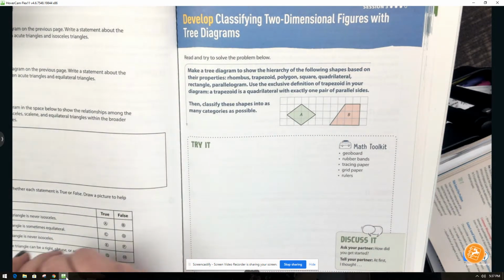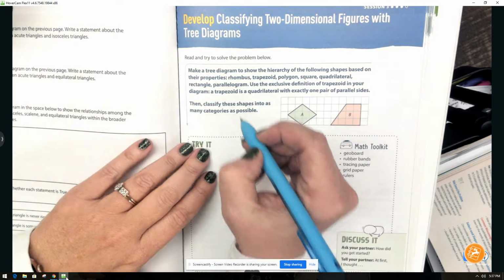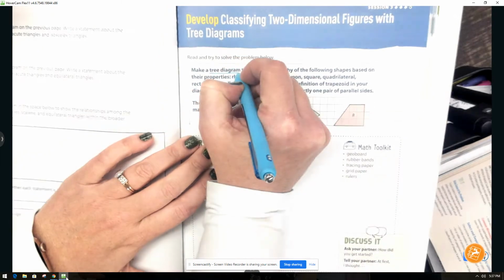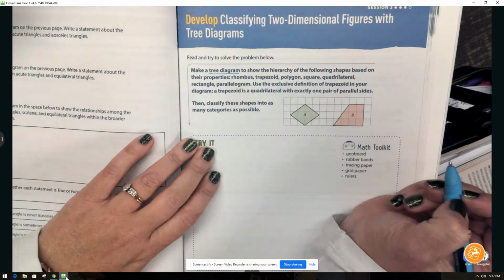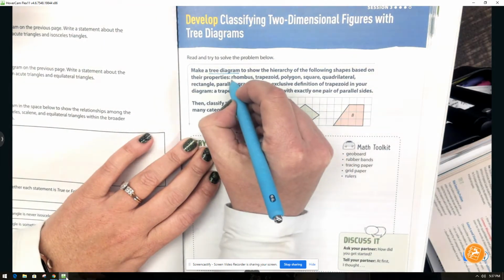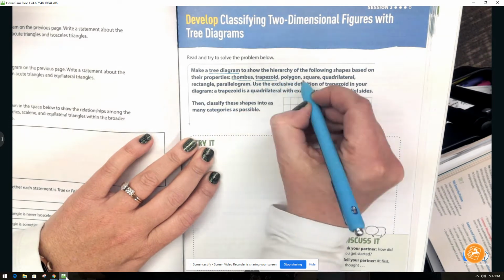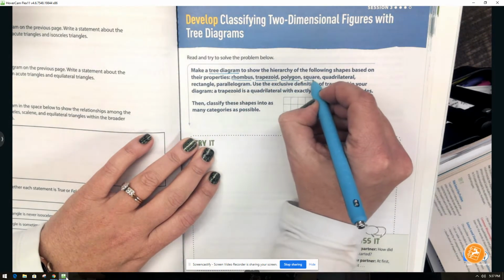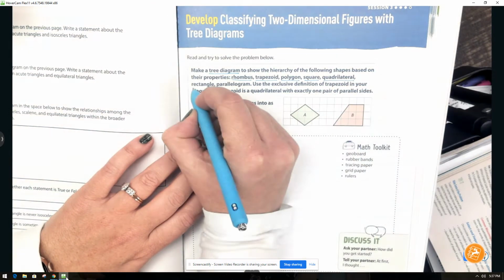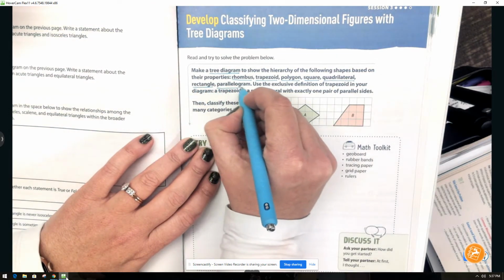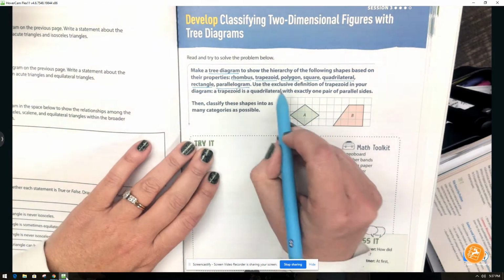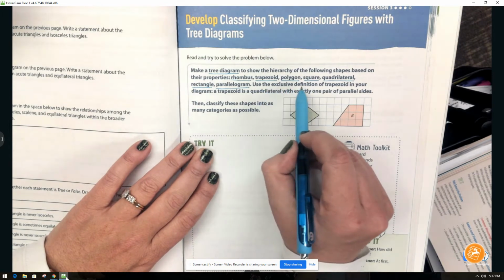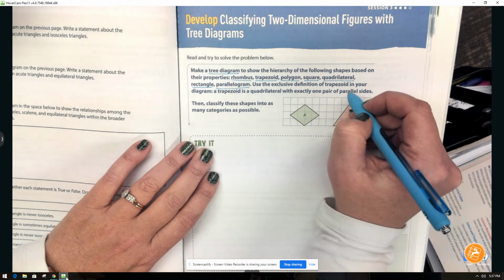So first of all, let's go back and break apart this problem to see what we're solving. We know that we're going to be making a tree diagram. We know that that tree diagram needs to have rhombus, trapezoid, polygon, square, quadrilateral, rectangle, parallelogram. We're going to use the exclusive definition for a trapezoid.